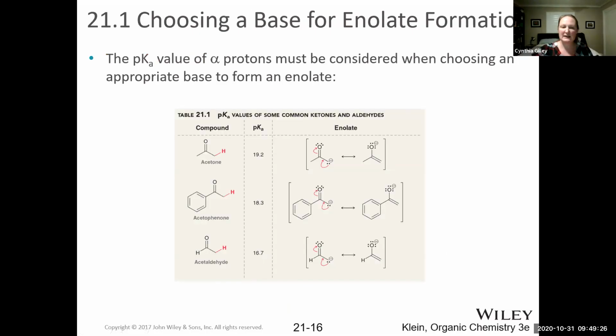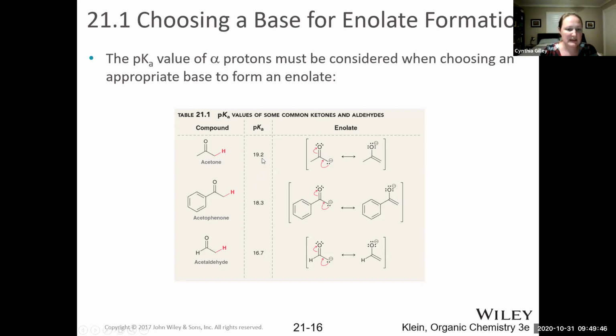All right, let's look at the acidity of these hydrogens at the alpha carbon. Here we have three different structures. Two are ketones. The last one is an aldehyde. All of them have carbonyls, where there's an alpha carbon with a hydrogen highlighted in red.